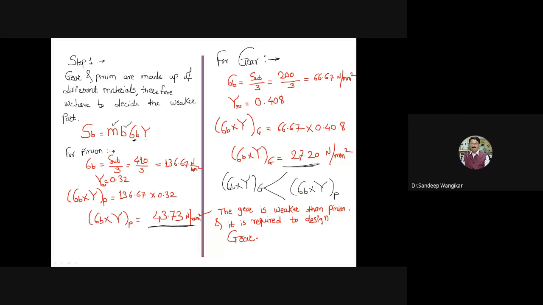Very important. When the gear and pinion are made up of same material, we are directly saying that pinion is weaker than the gear.